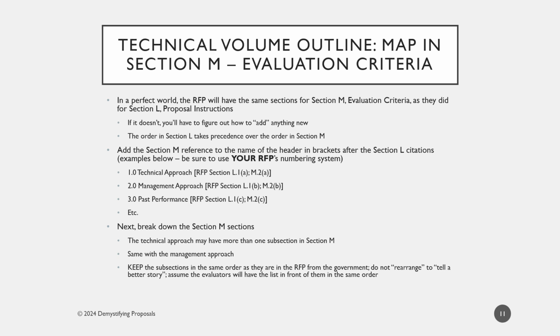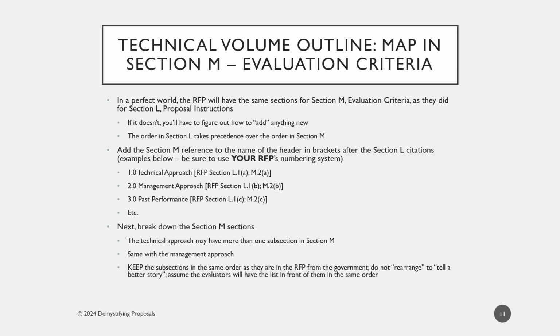Now we're going to map in section M, or the evaluation criteria. In a perfect world, the RFP will have the same sections for section M, or the evaluation criteria, as it did for section L, the proposal instructions. If it doesn't, you have to figure out how to add anything new.